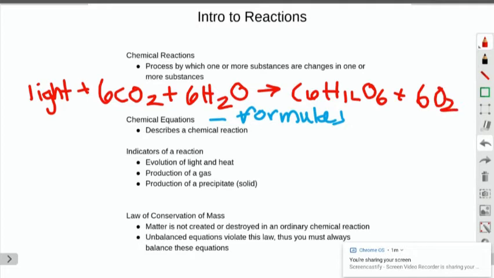So this is the chemical reaction for photosynthesis. You probably learned it last year, and you learned that light plus carbon dioxide plus water yields glucose and oxygen.